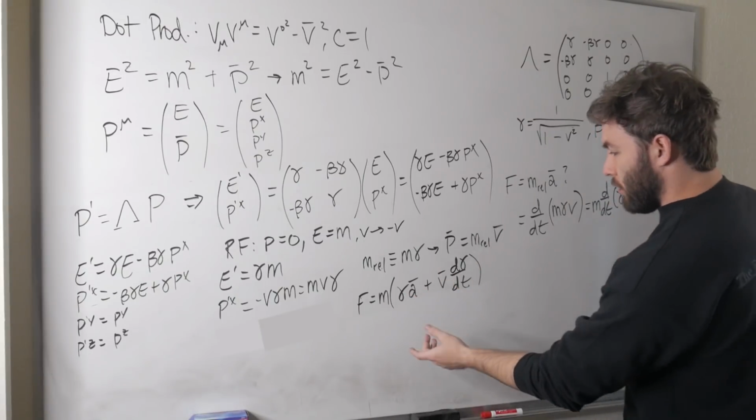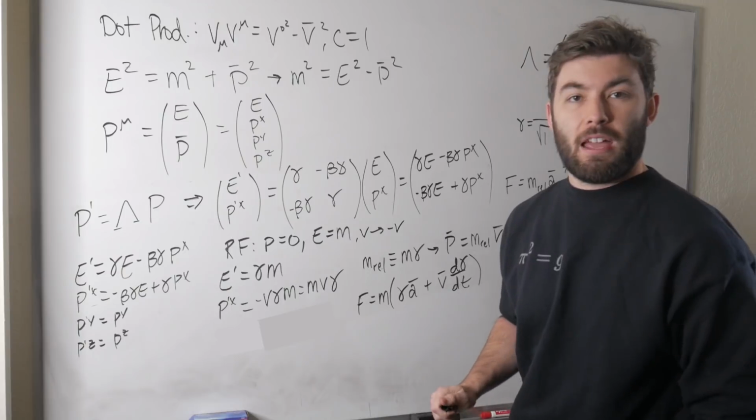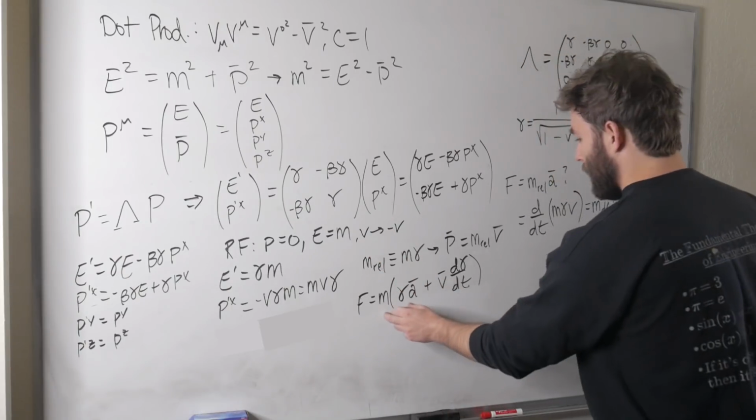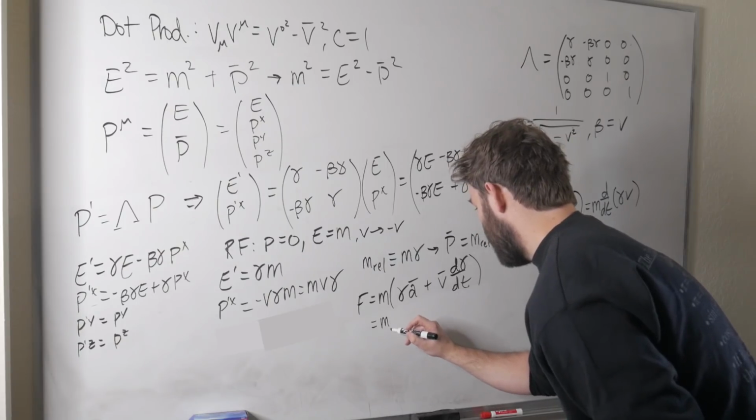So if we could just treat this m_rel as a mass, then F equals ma could just be substituted with m_rel times the acceleration. But m gamma is m_rel times a.